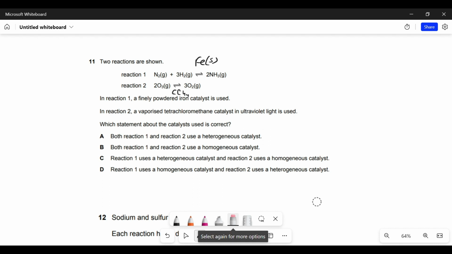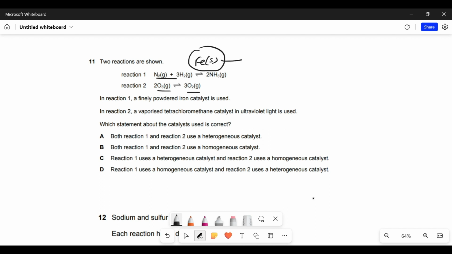What kind of reaction is this? As we know that if the state of catalyst and the physical state of reactant and product are same, it is called homogeneous catalyst. And if the state of catalyst is different from the physical state of reactant and product, it is called heterogeneous.